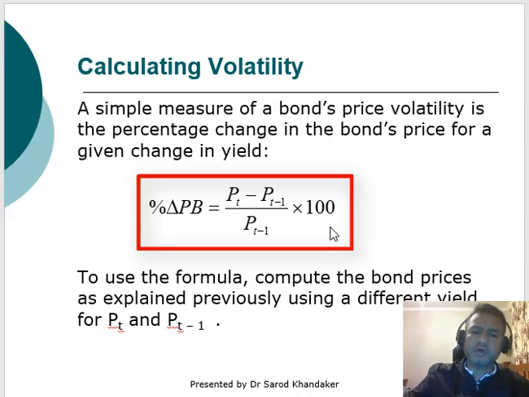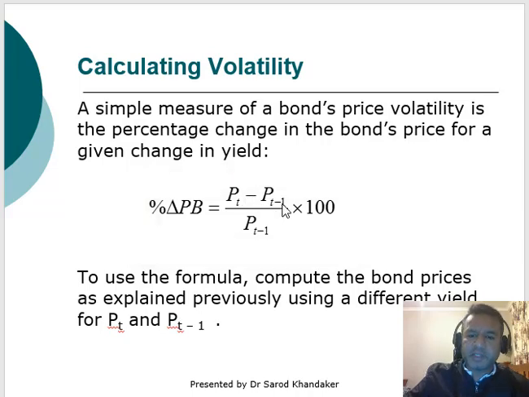In this formula, Pt is the price of the bond at today's price, and the price of the bond at yesterday's price is Pt minus 1.